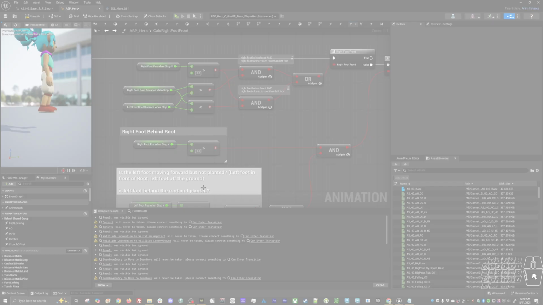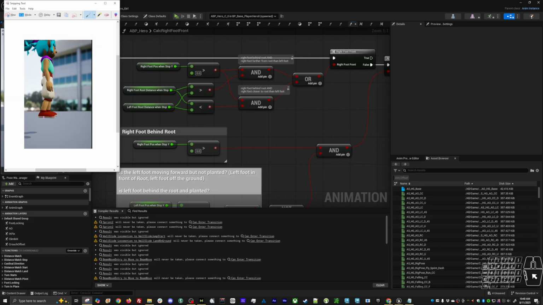So if we're saying right foot's moving and the left foot is planted and moving backwards, then if the root is here and the right foot is still behind the root, and say it's here, and the left foot was still here in front of the root, then the left foot's going to be in front.